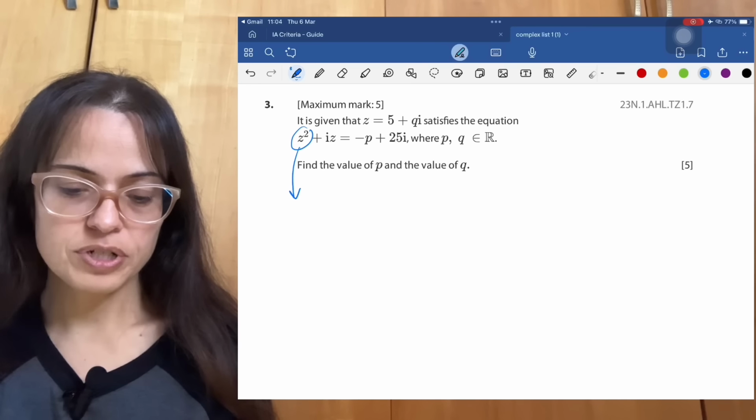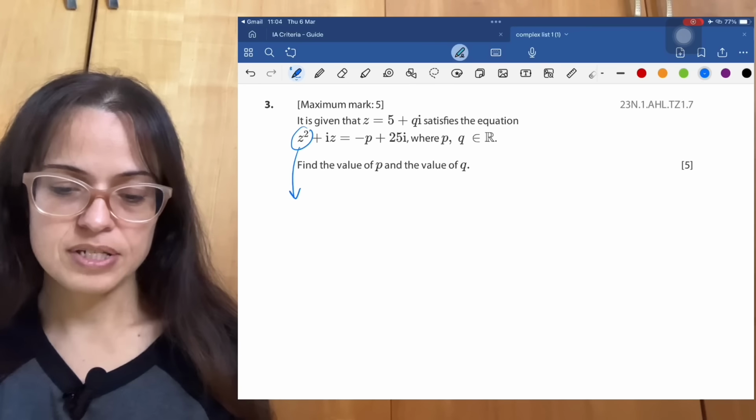So let's do it. We're going to need z squared, which is (5 plus qi) squared. We're going to do the special product. This is 25 plus 10qi minus q squared, because the i squared became a minus 1, which gave me this negative sign here.